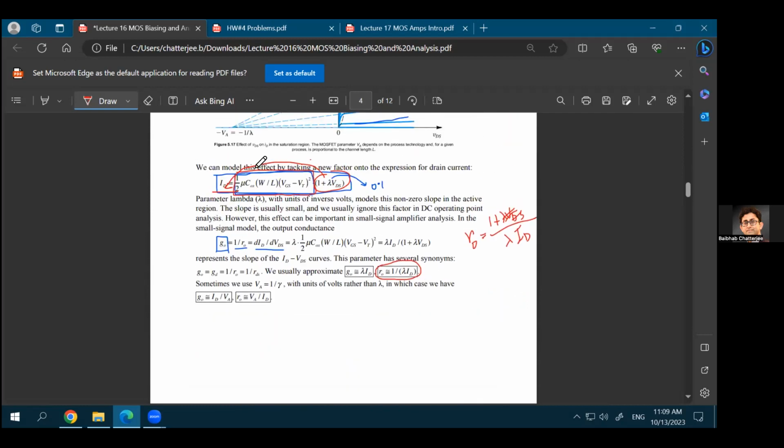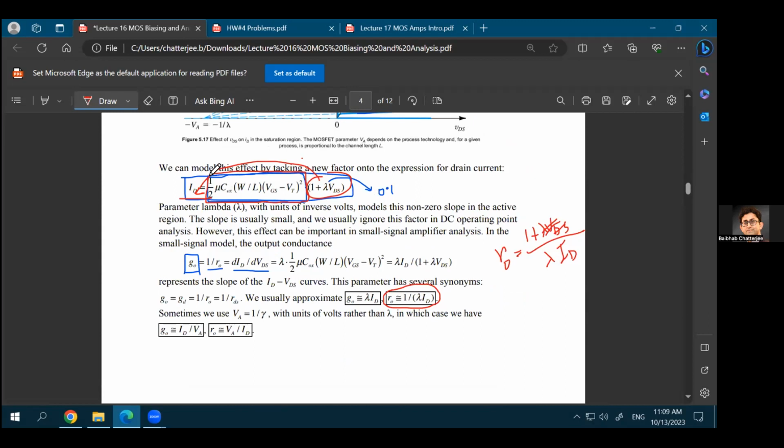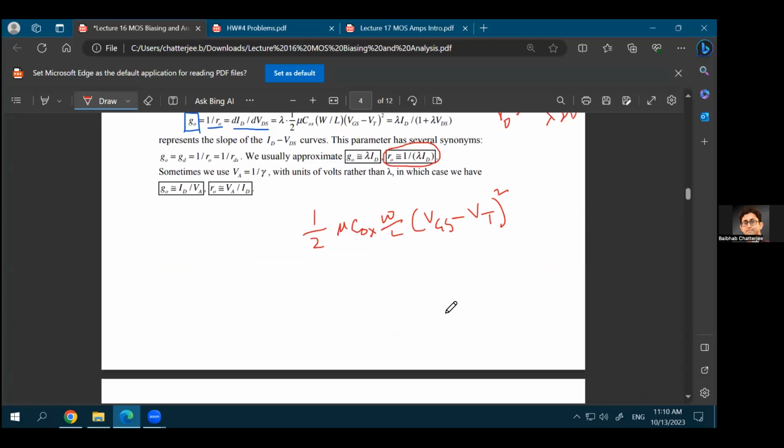But before going there, I would also like to mention one thing, that this term which I had encircled with this red rectangle, that is half of mu times COX times W over L times VGS minus VT whole squared, you can now simplify into different forms.